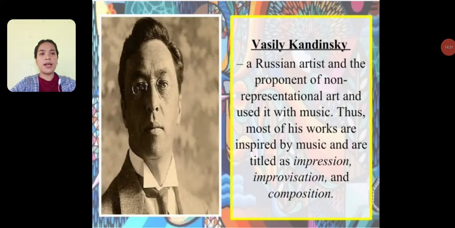Wassily Kandinsky said that of all the arts, abstract painting is the most difficult. It demands that you know how to draw well, that you have a heightened sensitivity for composition and for colors, and that you be a true poet.